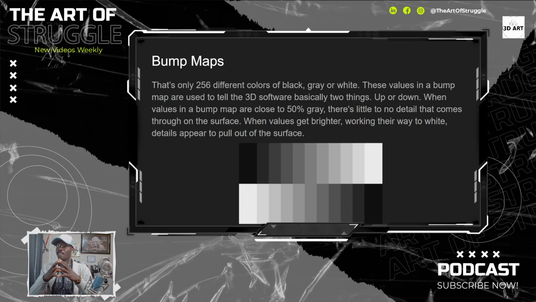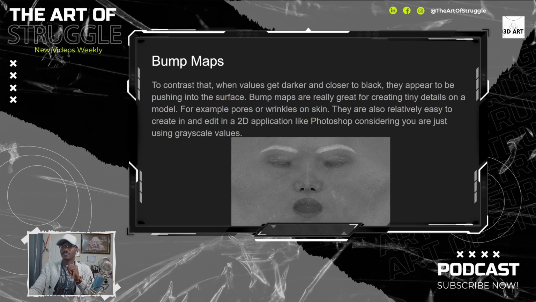When values get brighter, working their way to white, the details appear to pull out of the surface. To contrast that, when values get darker and closer to black, they appear to be pushing into the surface.